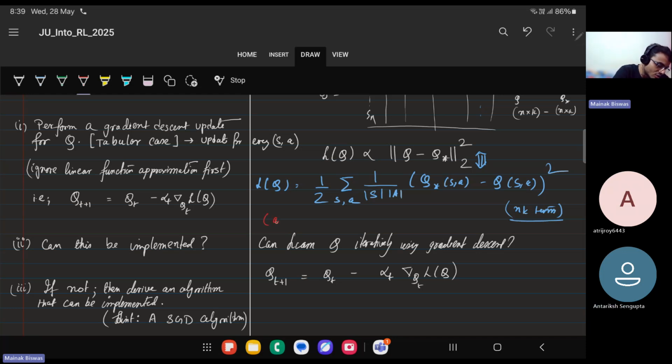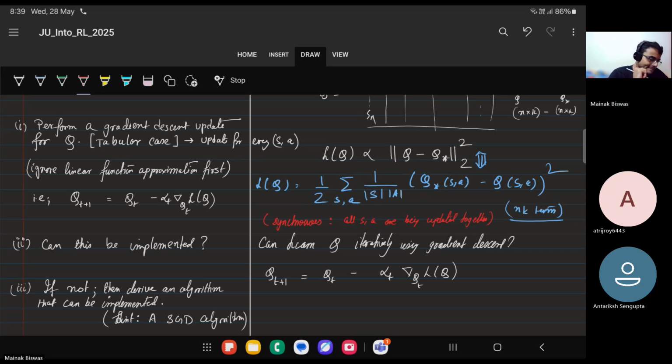I am taking a synchronous case. We'll come to this. This way your doubt will be solved. Synchronous because all states and actions are being updated together. That's why we don't have a behavior policy yet. When we come to asynchronous algorithm, we'll see the behavior policy.